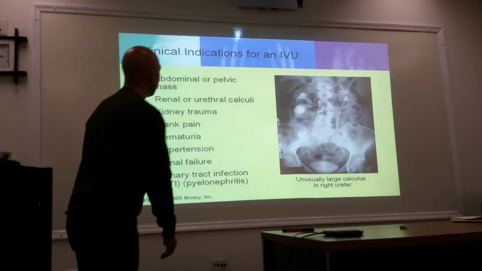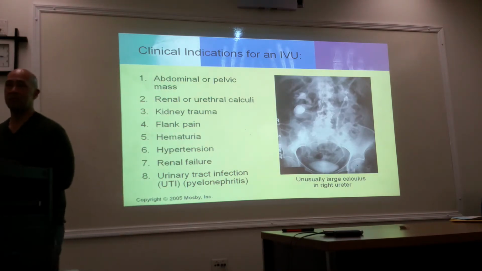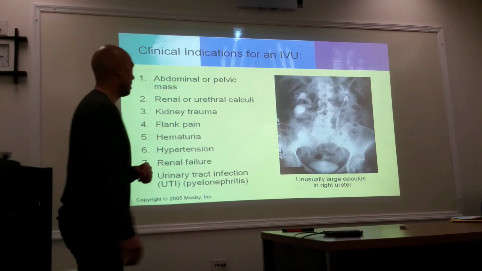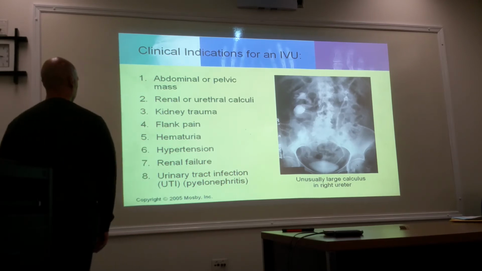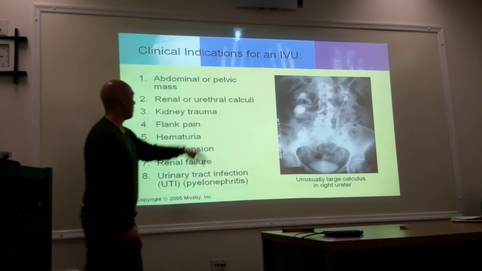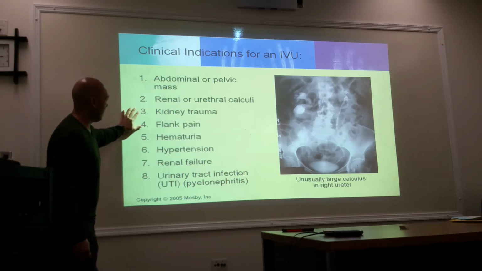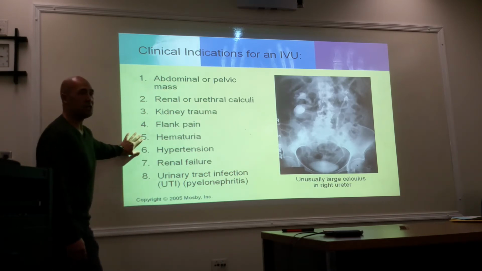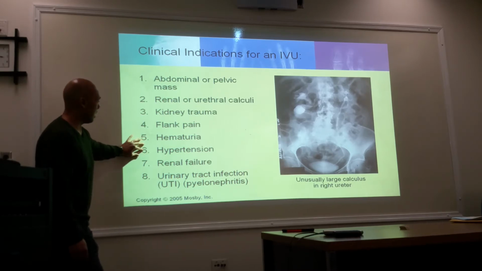Okay, clinical indications for an IVU. Number one is an abdominal or pelvic mass. Stones in the kidneys or in the ureter. Trauma to the kidney. Back pain. Hematuria, blood in the urine.